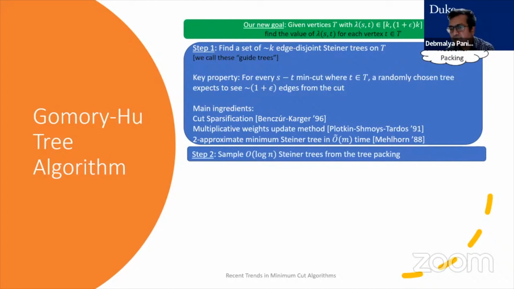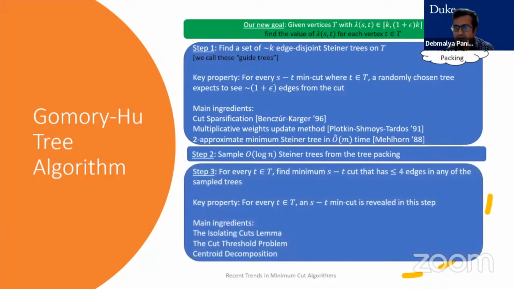Next, I sample log n trees from this packing. Now for each of these trees, the third step is the following. For each such tree, we find the minimum ST cut that has, let's say, at most 4 edges in any of the sampled trees.